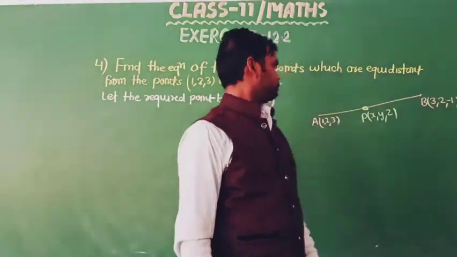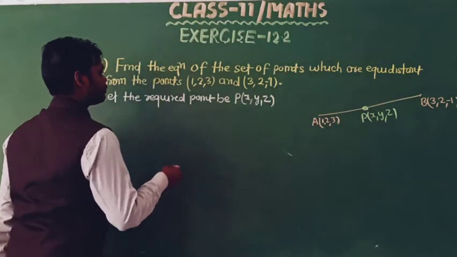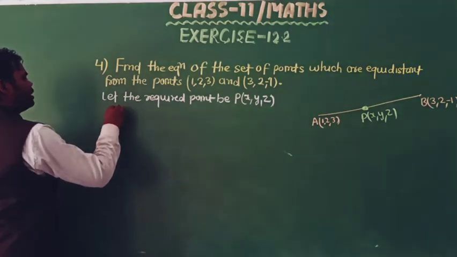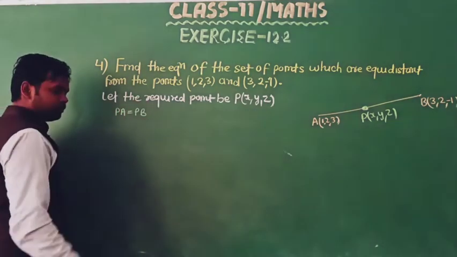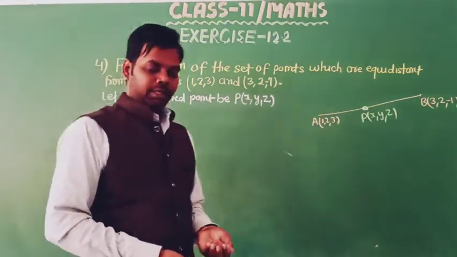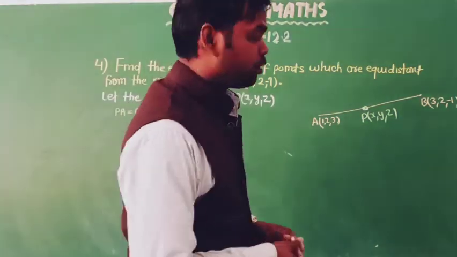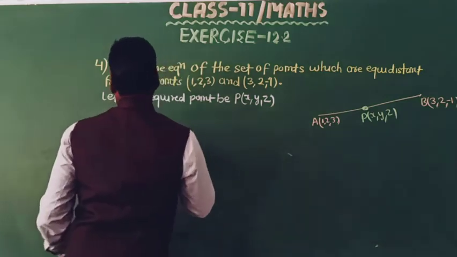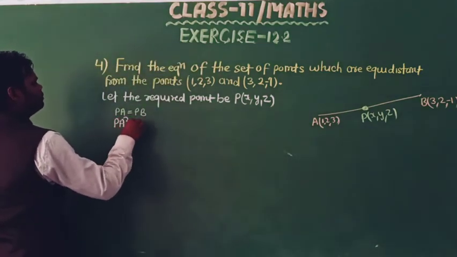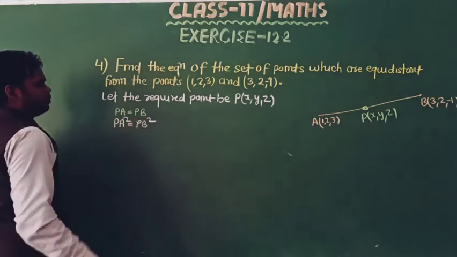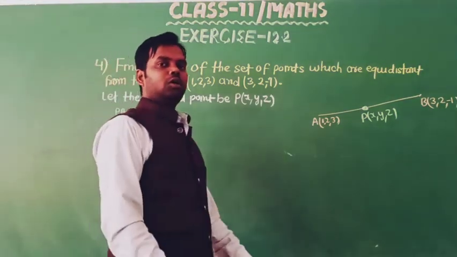So these 2 points, A and B, are equidistant from the point P. This means we can write distance PA equal to PB, and also the squared distance, PA square equal to PB square.